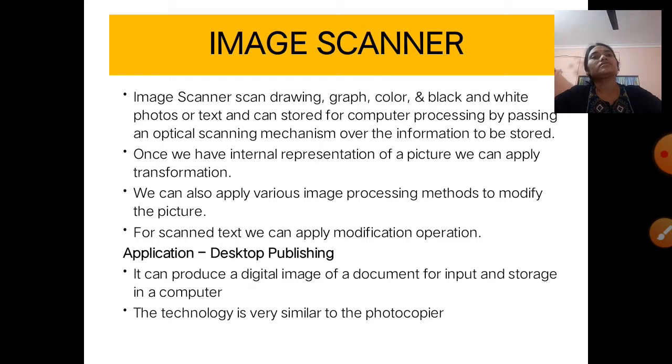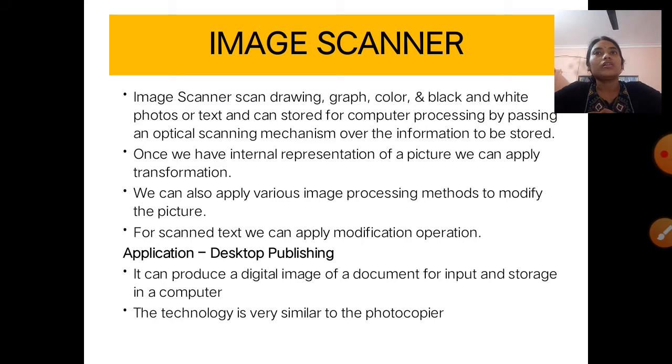Next we discuss scanner. As all of you know, scanner. What is scanner? What are the different types of scanner? All these things you have read. Again we have discussed what is scanner or image scanner. Scanner scans drawing, graph, color, black and white photos or text and can store it in a computer.